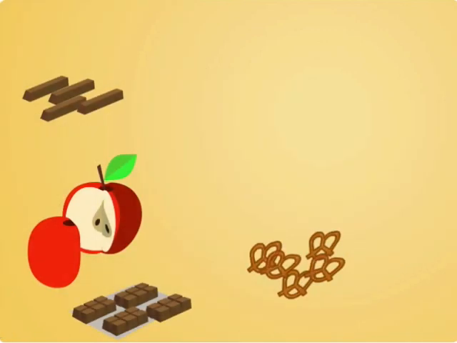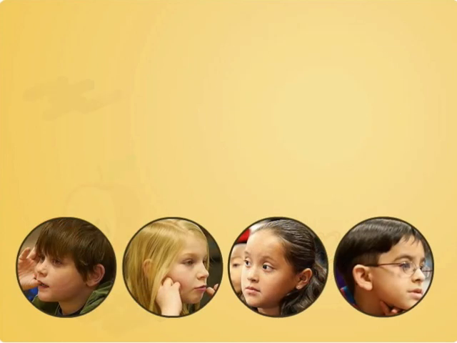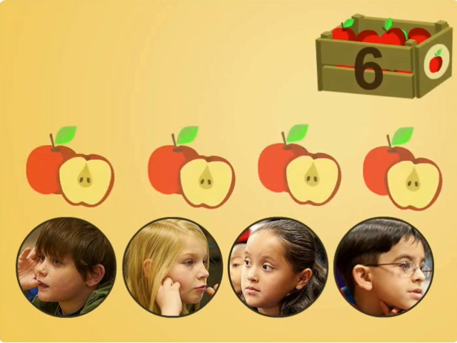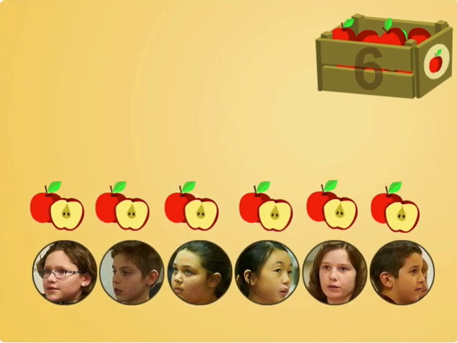There are many variations on this kind of problem, and they can grow increasingly sophisticated as students develop their understanding about the equivalence of fractions. If 4 children in one group share 6 apples, how many apples do they each get? If 6 children want the same amount of apples as the first group, how many apples will they need to share?